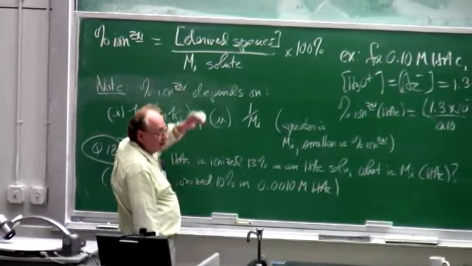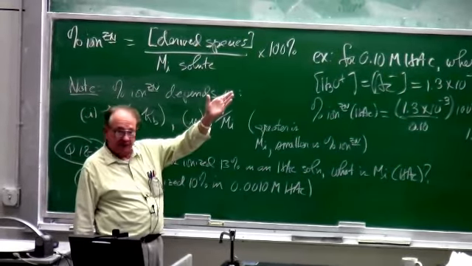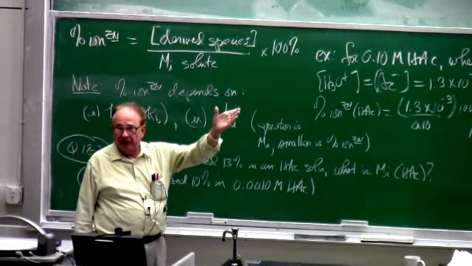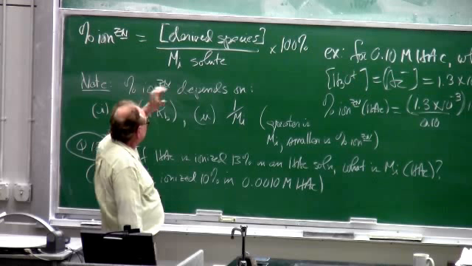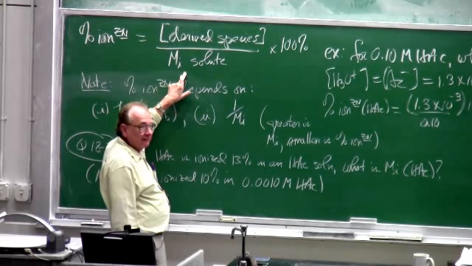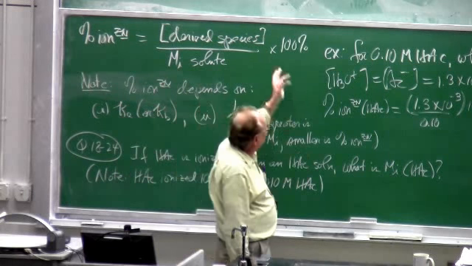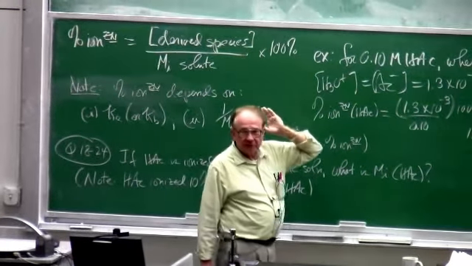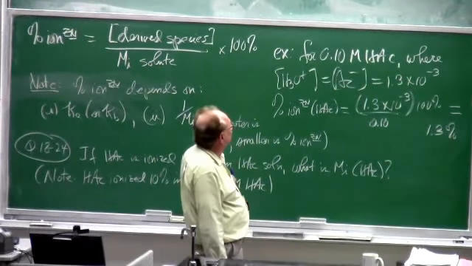Concentration of derived species, like for an acetic acid solution, acetate ion is clearly a derived species, if acetic acid is the only source of acetate ion in the system, divided by the numerical label on the bottle, the initial molarity for the solute, times 100%, since we expressed it as a percent rather than a decimal fraction, but that's just a matter of definition.